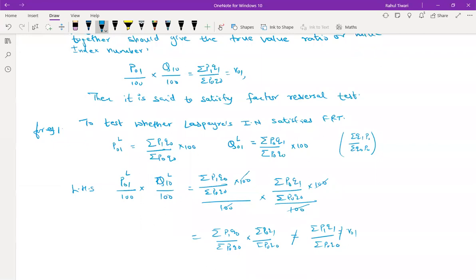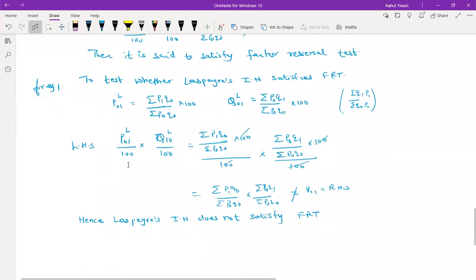Therefore, I will say this is not equal to the right hand side. Similarly, this is not equal to V01. Therefore, the right hand side does not match. Hence, that index number does not satisfy FRT.